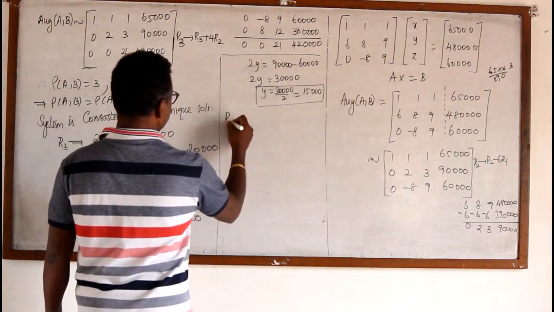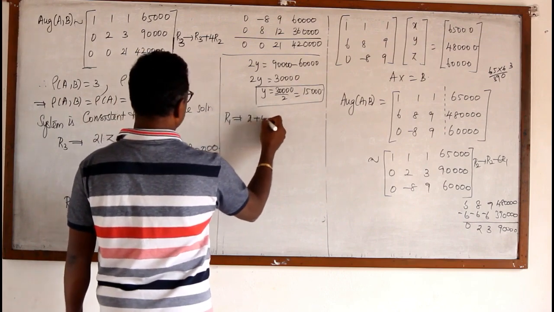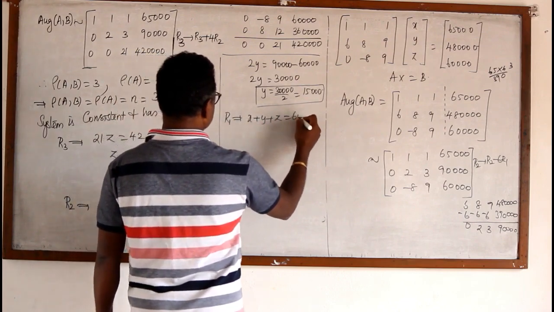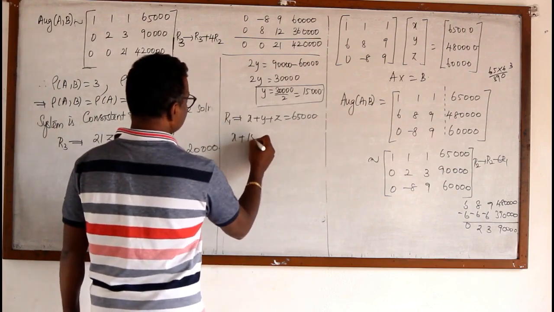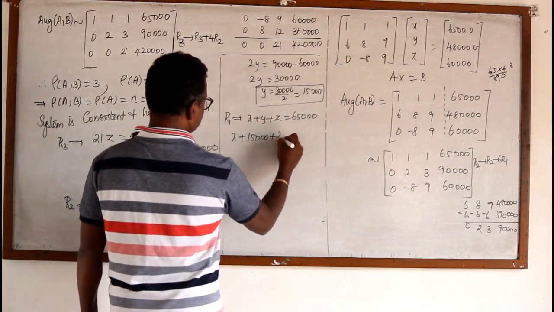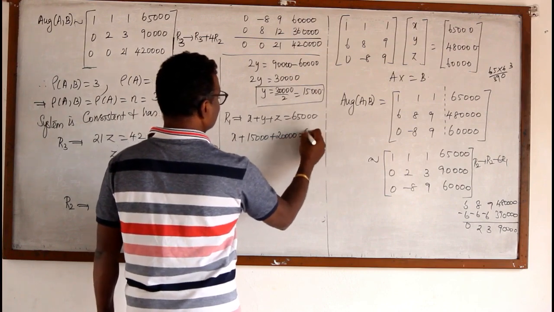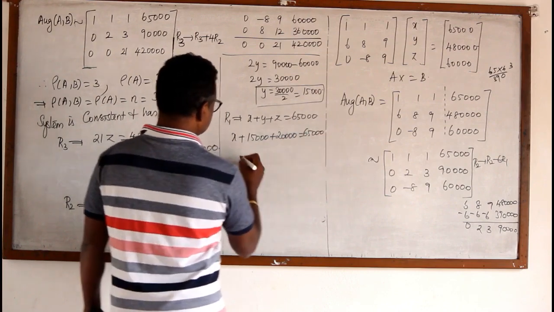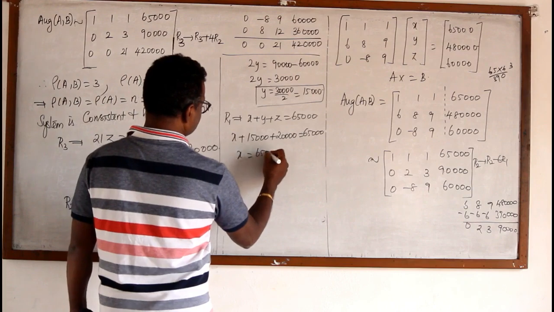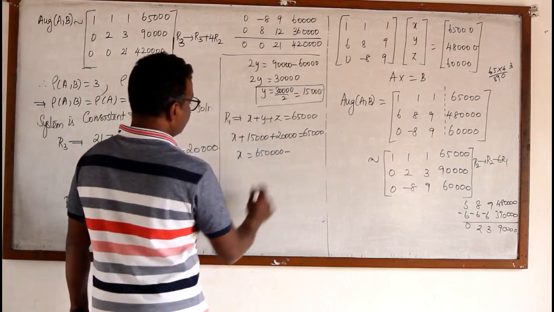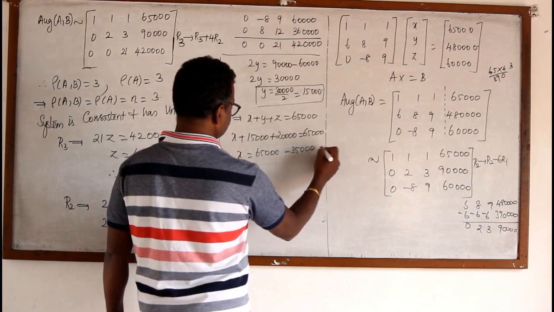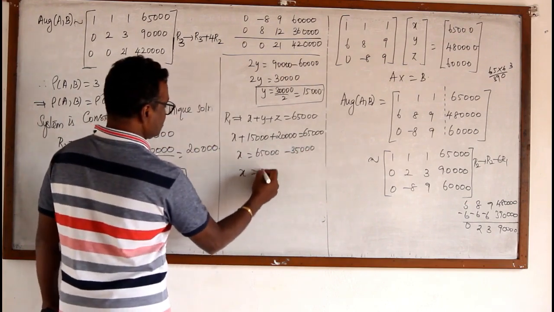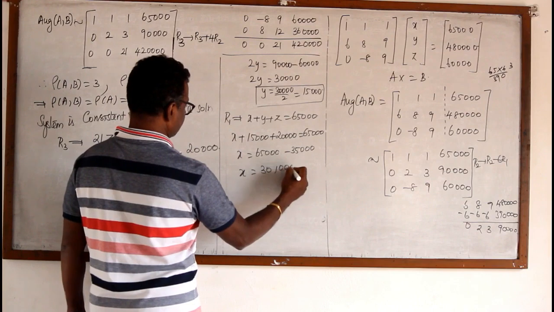Now let me go for R1. It is X plus Y plus Z equal to 65,000. That means X we do not know. Y is 15,000, Z is 20,000, equal to 65,000. Therefore X equal to 65,000 minus 15 plus 20, 35,000. Therefore, X equal to 30,000.